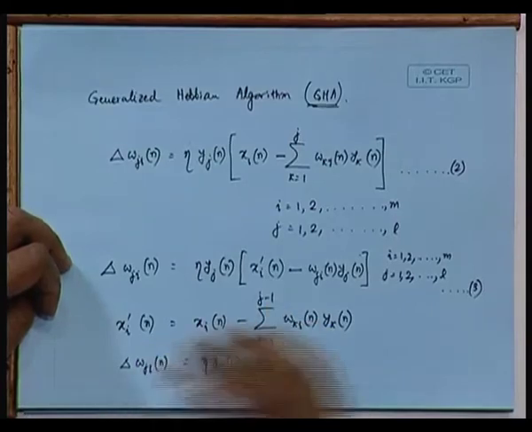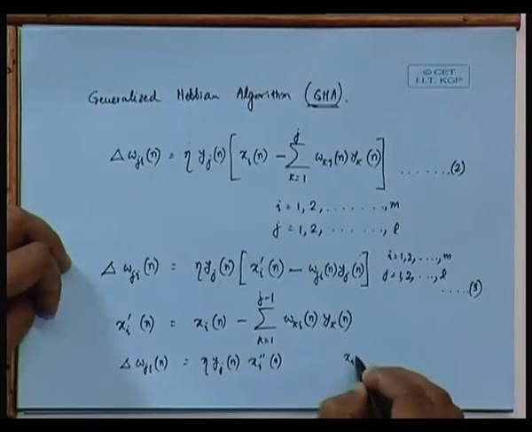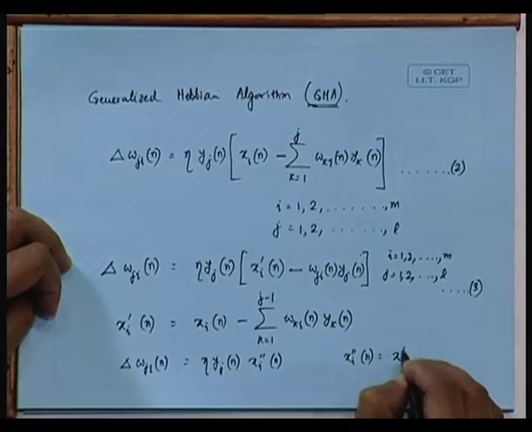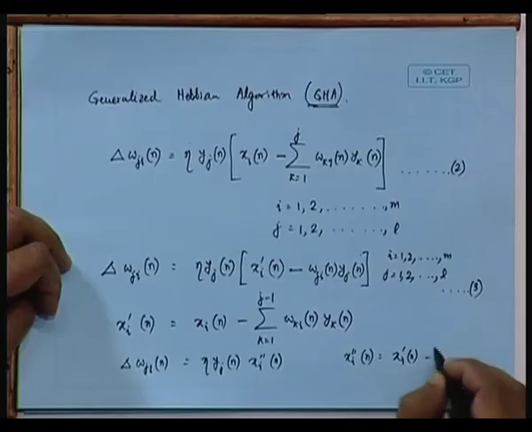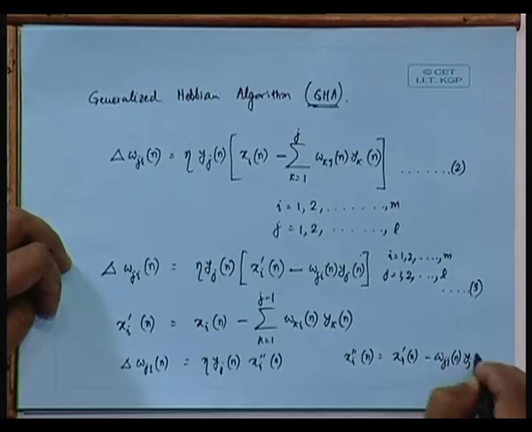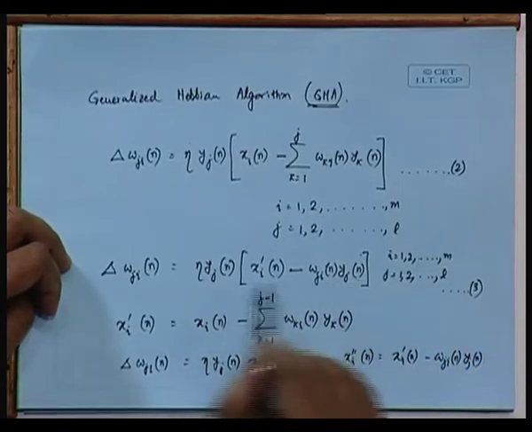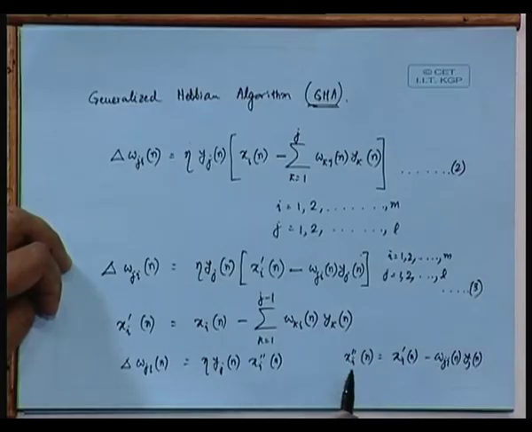So, now you get your very familiar Hebbian learning term, and here xi''(n) is equal to xi'(n) minus wji(n) yj(n). So basically, the term written within the square bracket is being substituted by xi''(n), which we have just now defined.